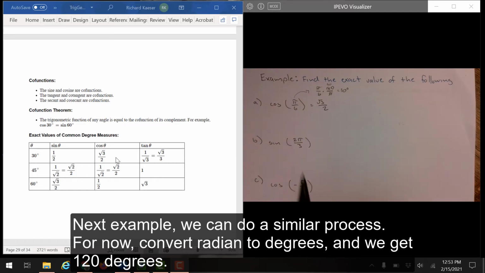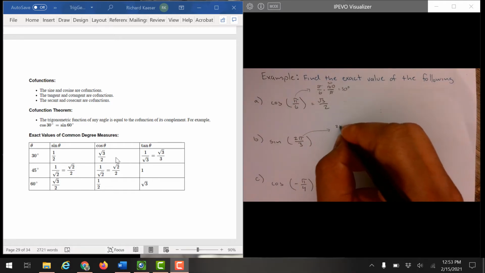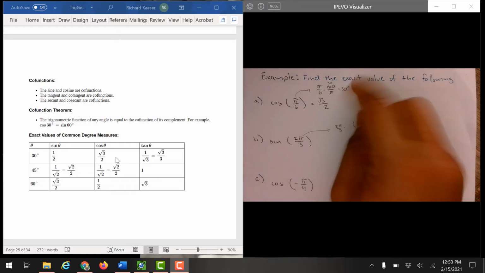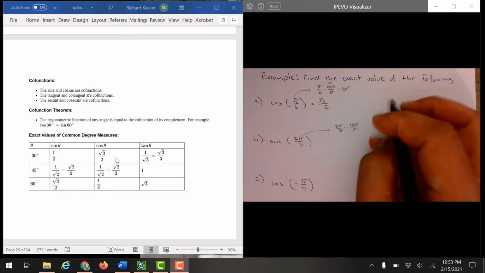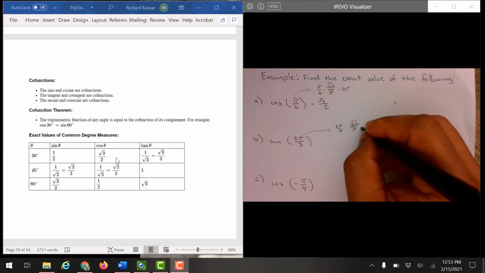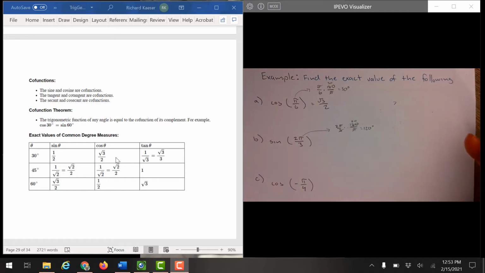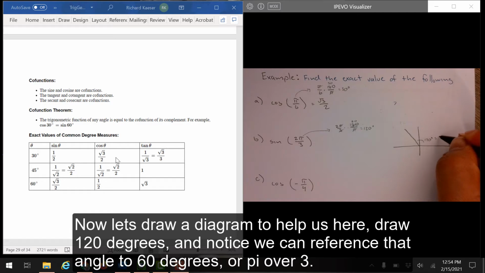Next example, we can do a similar process. For now, convert radians to degrees, and we get 120 degrees. Now let's draw a diagram to help us here.